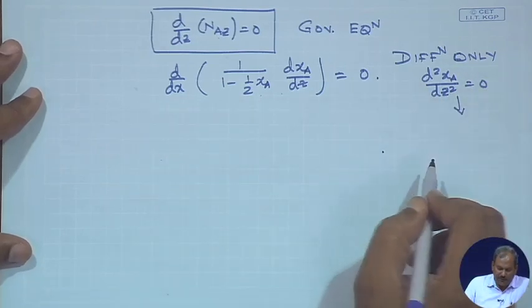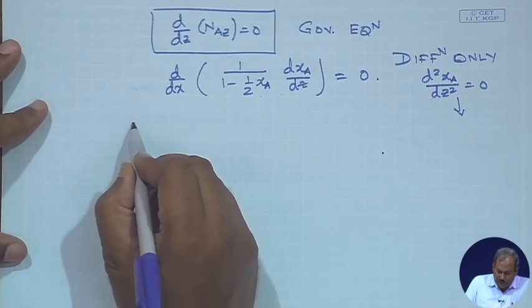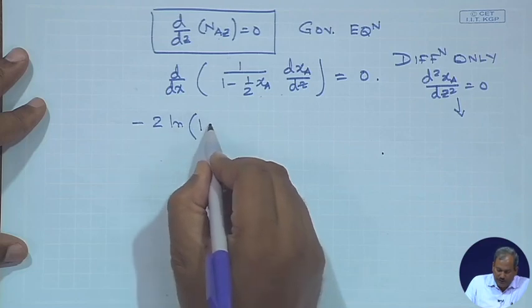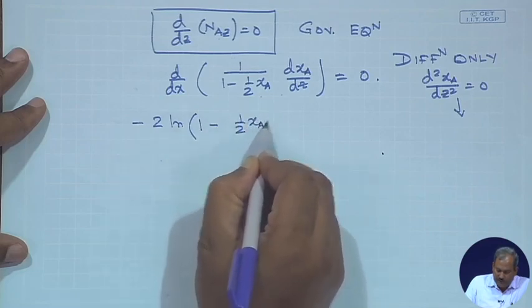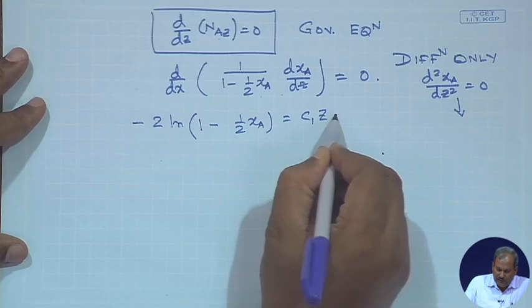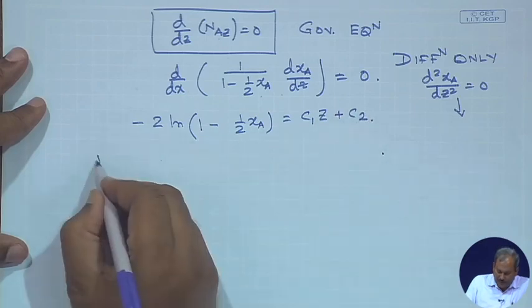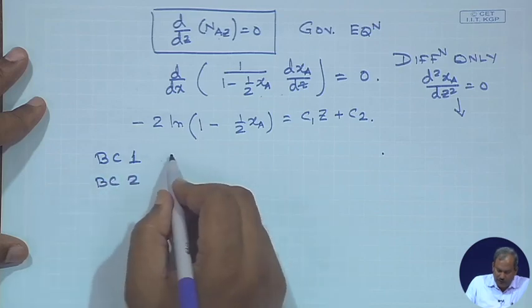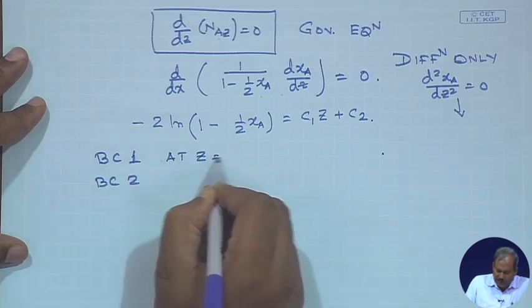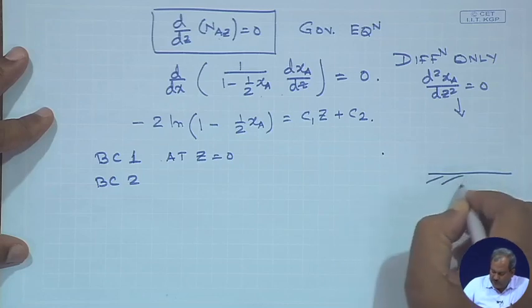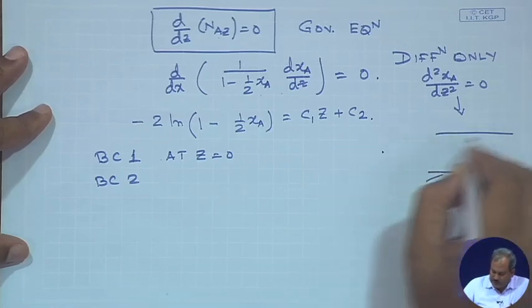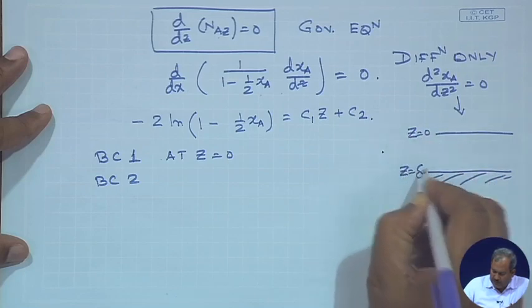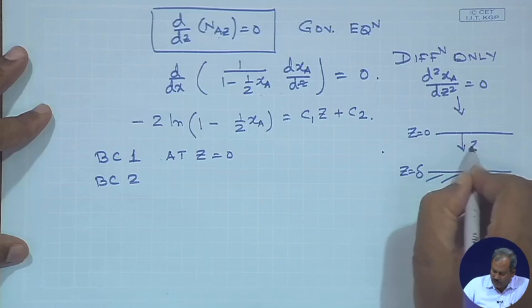Once you solve this equation, the solution is going to be minus 2 ln(1 minus half of x_A) equal to C1 z plus C2, and the boundary conditions, boundary condition 1, is going to be at z equals 0. That means, this is my catalyst surface, this is z equals 0, and this is z equals delta, and in this direction we have z.